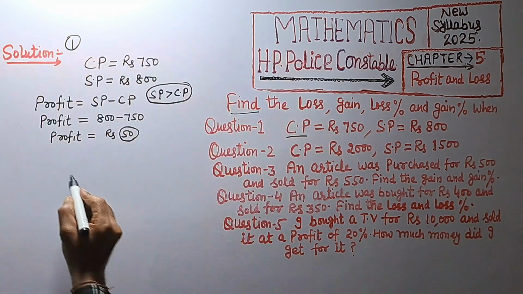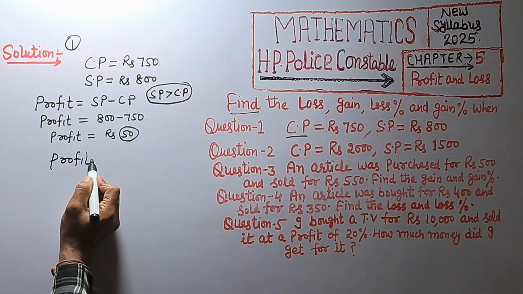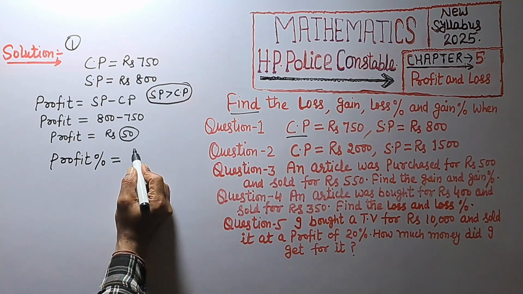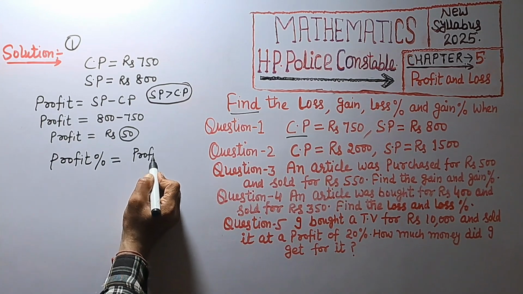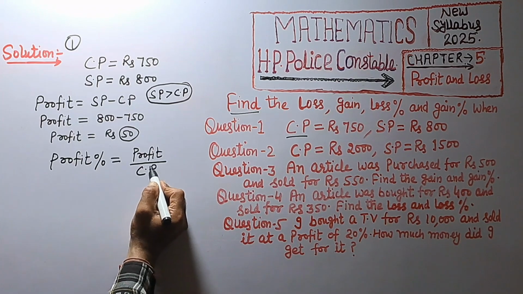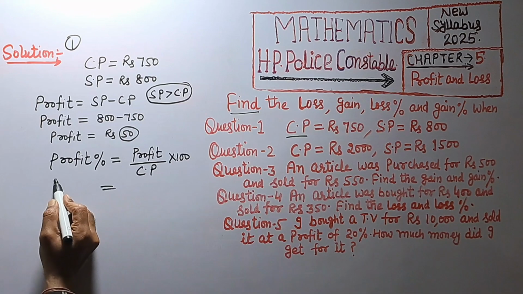And we find profit percent, that is equal to profit upon cost price multiplied by 100.